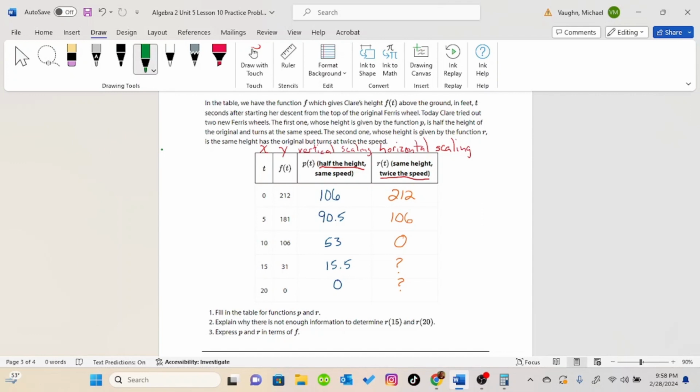Number 2, explain why there is not enough information to determine r of 15 and r of 20.